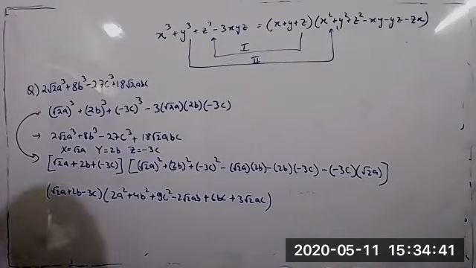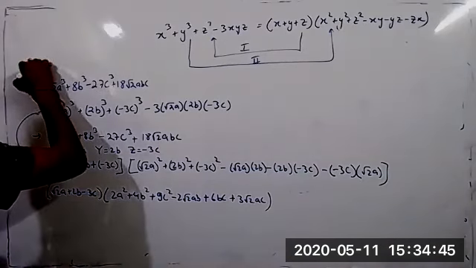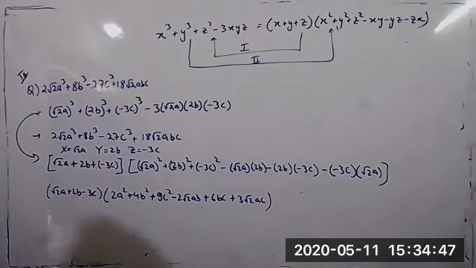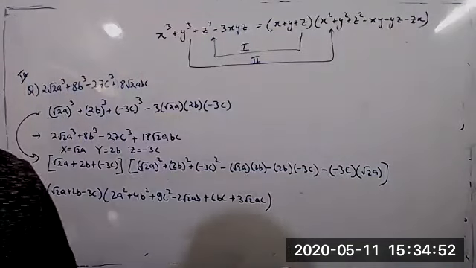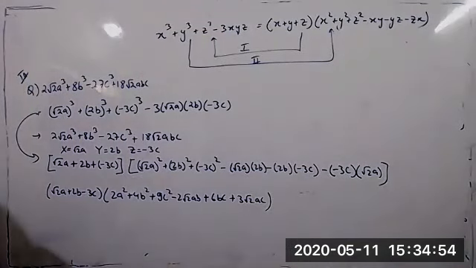This was actually the third type of question, where roots questions will come. So this is type 1, this is type 2, this is type 3. On this basis, you can solve till 21. Exercise 3G, till 21 you have to solve the questions.